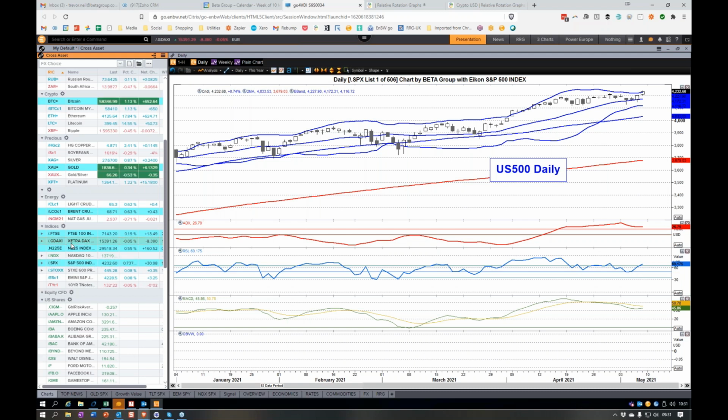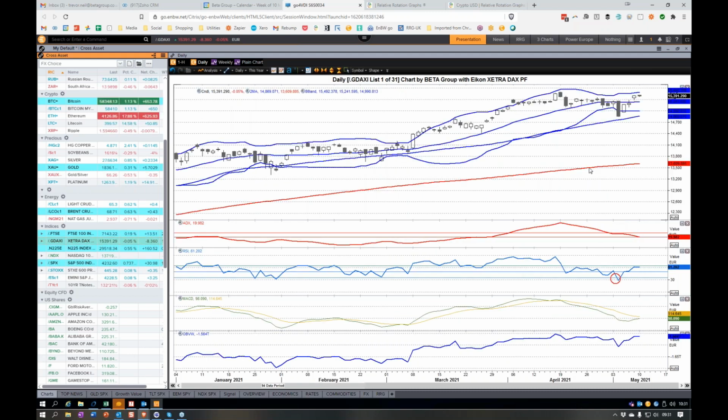They've all got uptrends, longer term uptrends, but this is the strongest one. I did miss out the German 30 here, and it's got an ADX of 19, so it's relatively flat, not a particularly strong uptrend. It is in an uptrend, however, with higher lows, but it's not as strong as the US 500. But it's close to breaking to a new all-time high, so we could probably celebrate that this week.